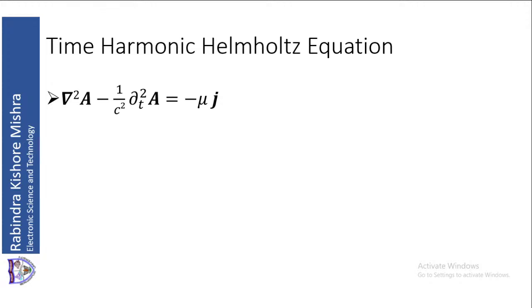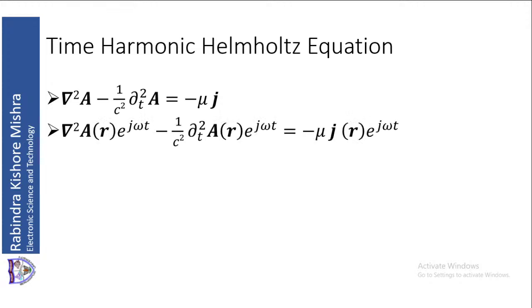The Helmholtz equation is del square A minus 1 by c square, dou t square A, is equal to minus mu J. Now A is a time harmonic function, therefore for A we will write A(r) exponential j omega t.